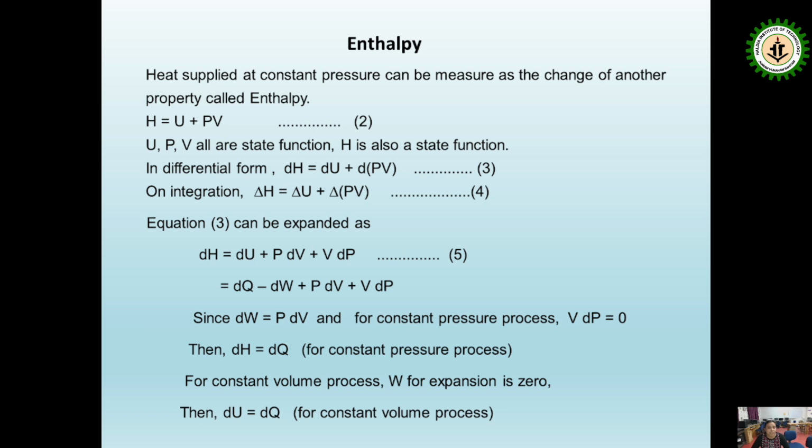U, P and V all are state functions, so H is also a state function. So basically enthalpy of the system is the total energy including internal energy of the system plus the energy required for its expansion to occupy the new volume.